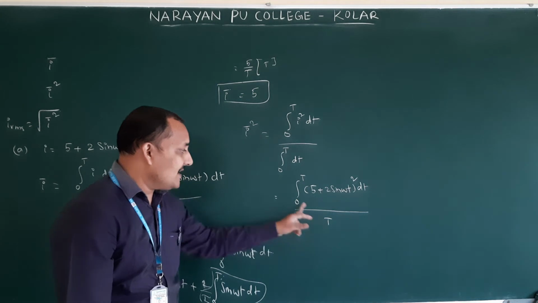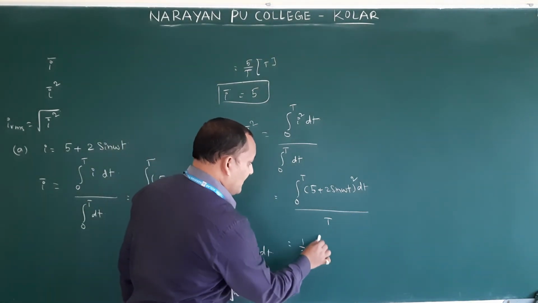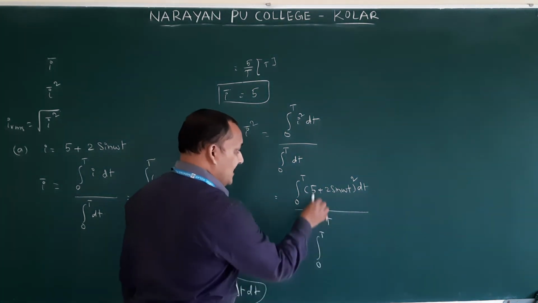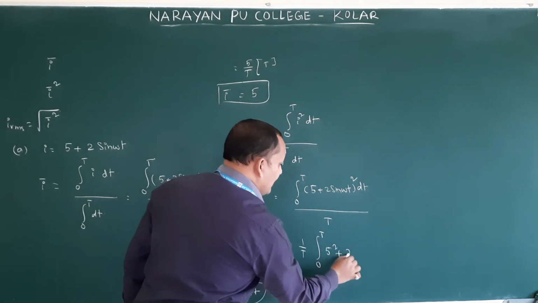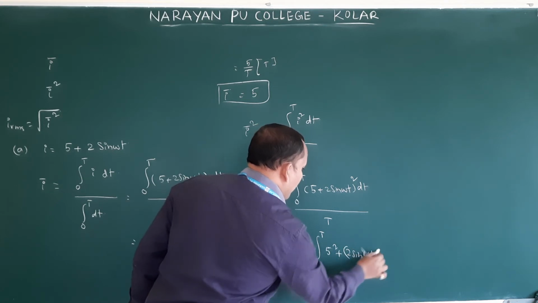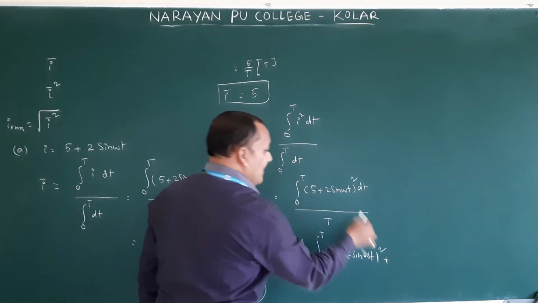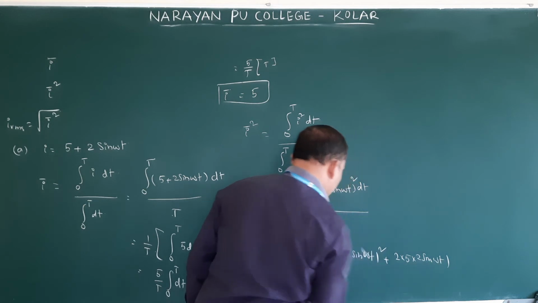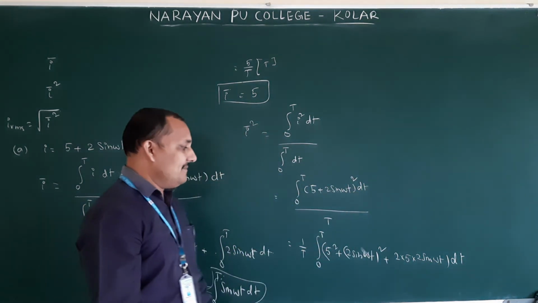So this denominator value, 1 by t I am writing, 1 by t 0 to t. So a square plus b square plus 2ab. A square means 5 square, plus b square means 2 sin omega t whole square, plus 2ab, 2 into 5 into 2 sin omega t, the entire bracket is going to become dt.